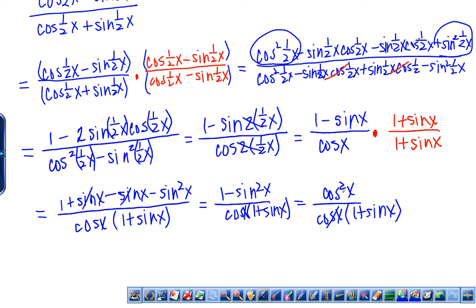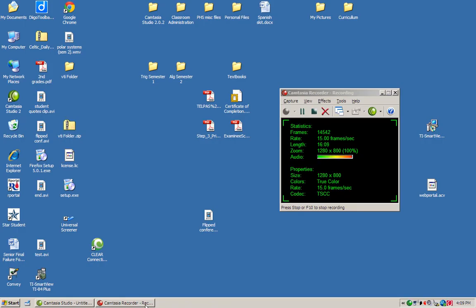Okay, we can get rid of a cosine. That gives you cosine x over 1 plus sine x. Oh, we're there. I was hoping that we didn't have to go further. Awesome. Okay, if y'all have questions, ask them in class.